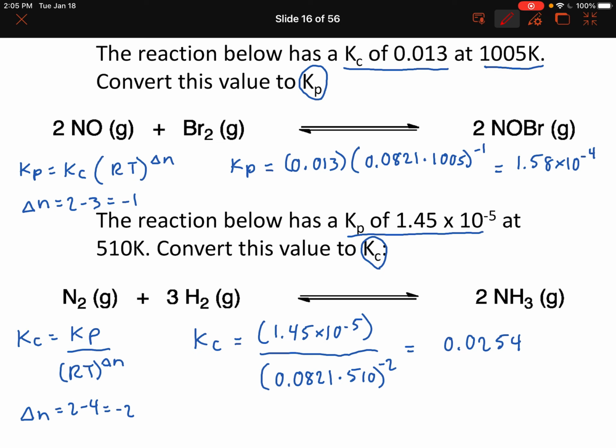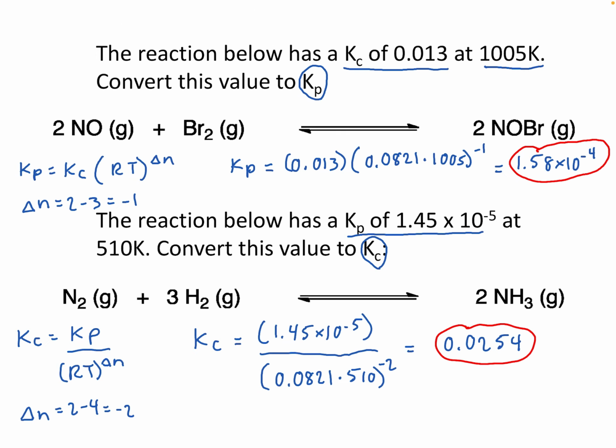So a fair thing to ask here is what are we calculating? What do these numbers mean? When I see, for example, this Kc value or this Kp value, what is it telling me? Well, it's related to the balanced equation, and it's telling us the numerical value for that equilibrium constant.